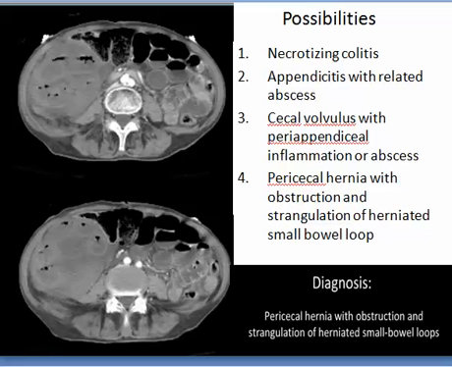Mind you that there are some sites for internal herniation. One is on the right side, the right paraduodenal region, and one is on the left side, the left paraduodenal region, and the third one is a cecal herniation, pericecal herniation.